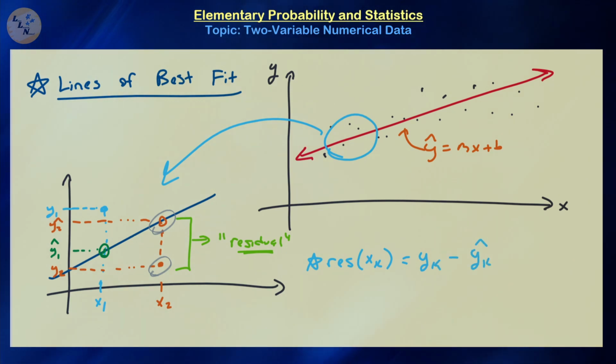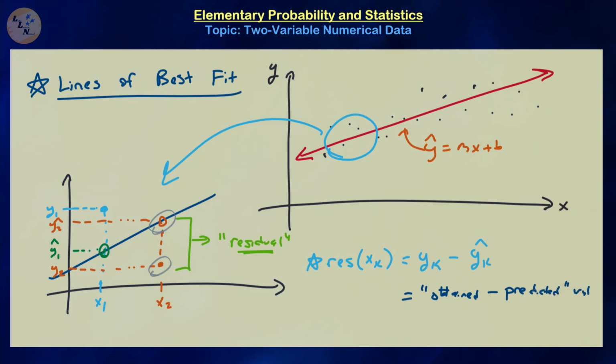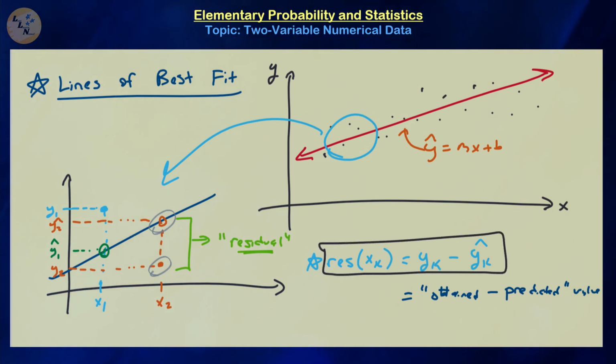So that's all a residual is. Obtained minus predicted.